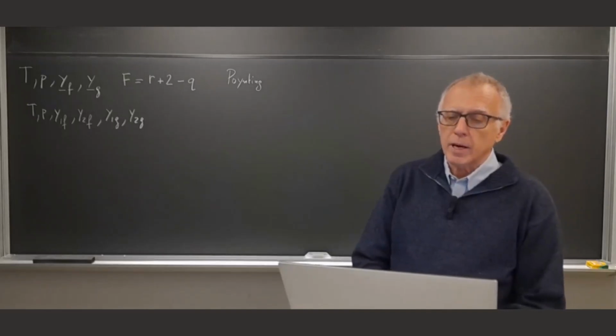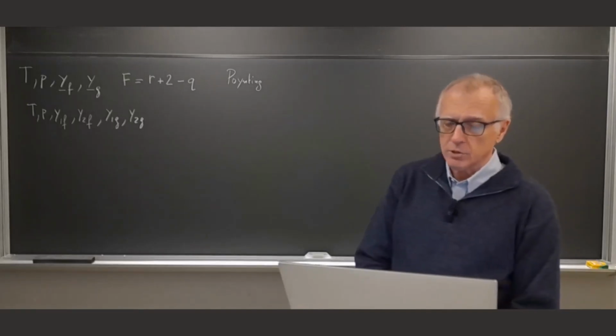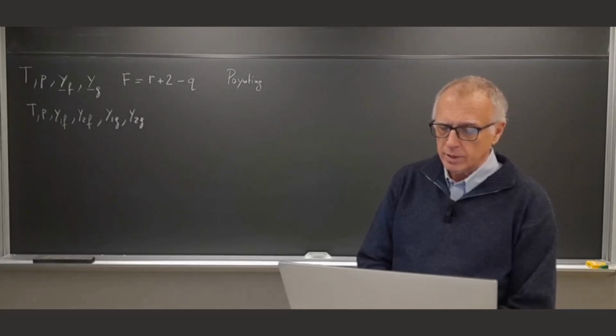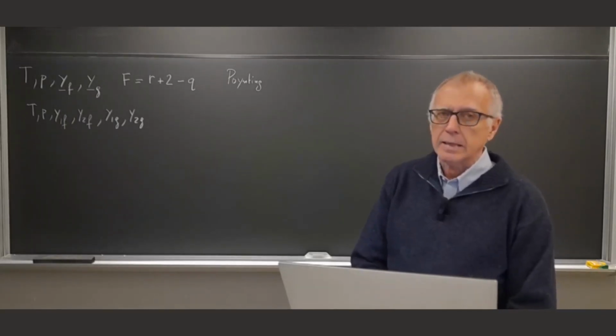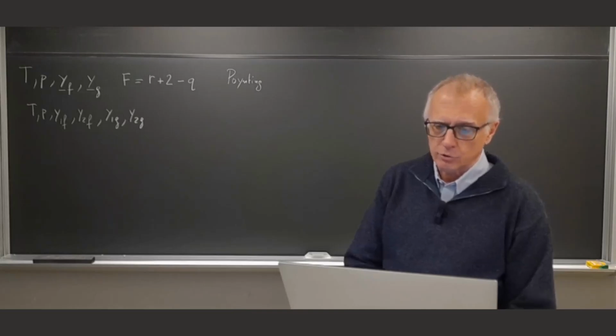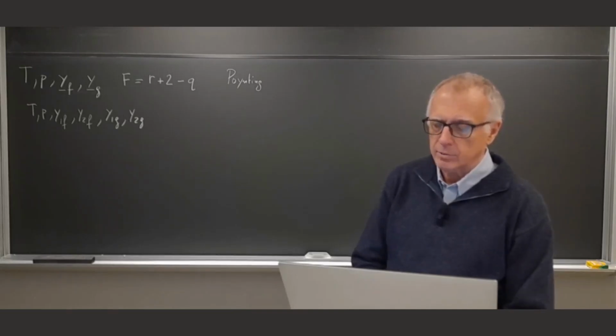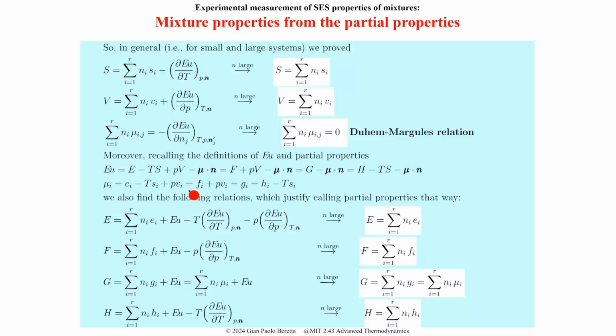So we remind ourselves of some results that are useful in any problem with mixtures. They're going to be useful here, and also from, I think, the next time, when we will start systems with chemical reactions. These expressions are important, namely that the properties are given by the weighted sum, weighted on the amounts, of the partial properties.